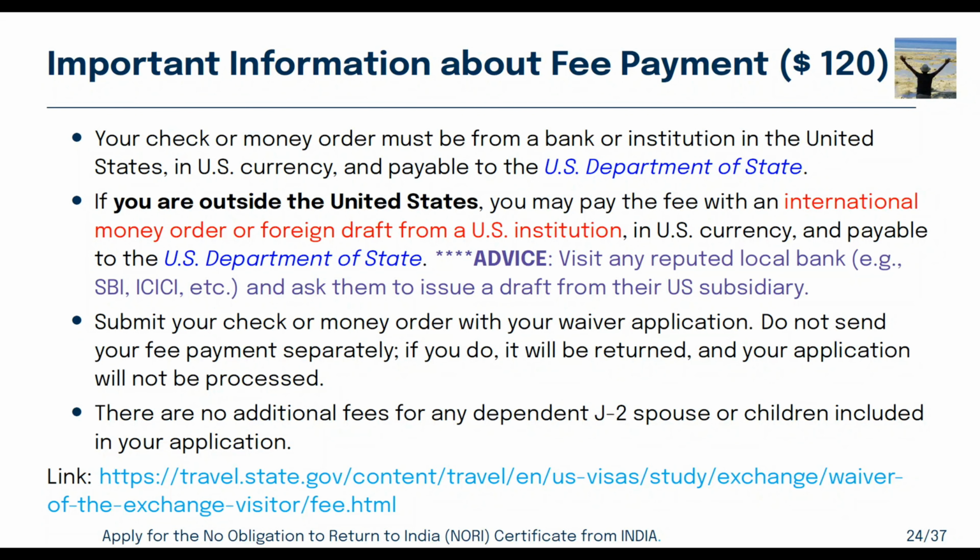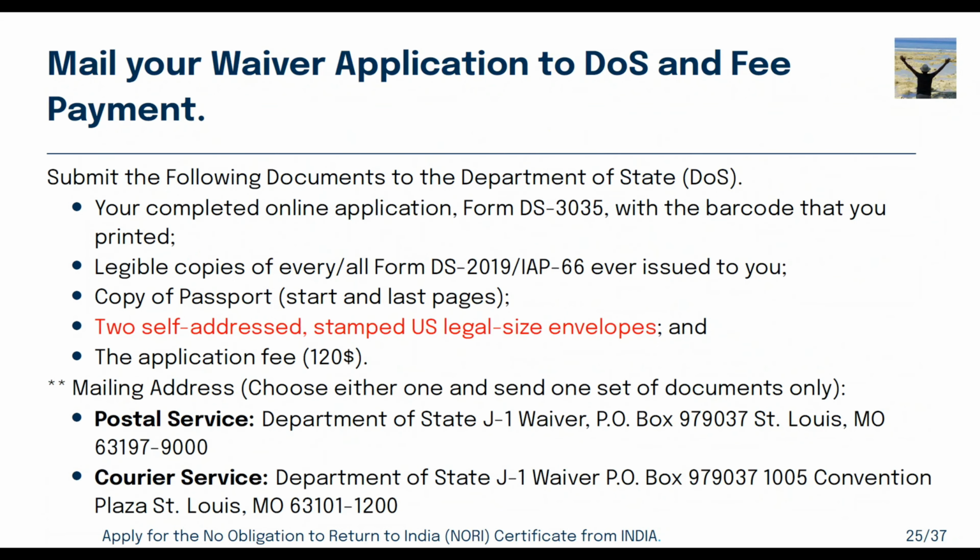Also, there is no additional fee for any dependent if you are J2. Since you are in J1, obviously J2 will also need the waiver, but they don't need to do separate things. You just have to mention the details of your dependents who have the 2-year rule. So the approved letter will also work for them, right?